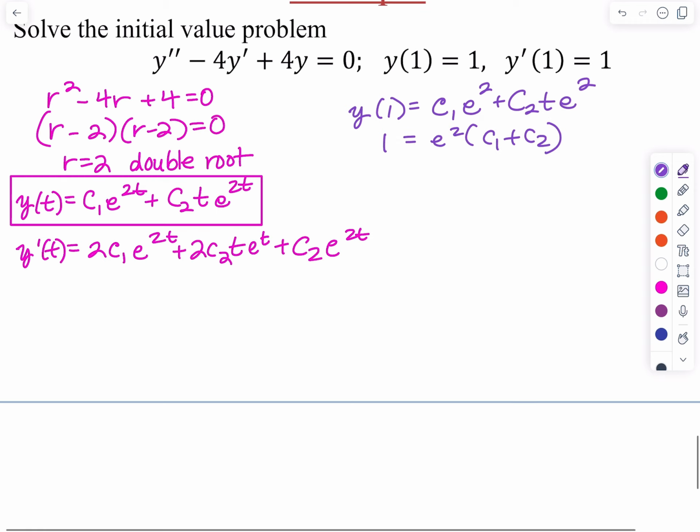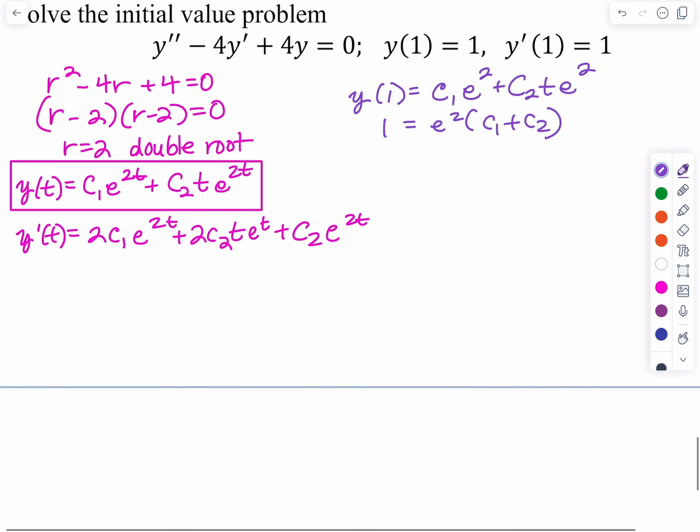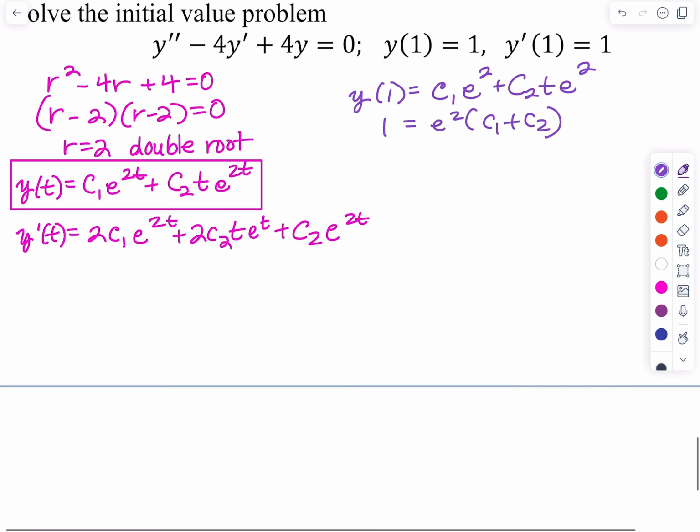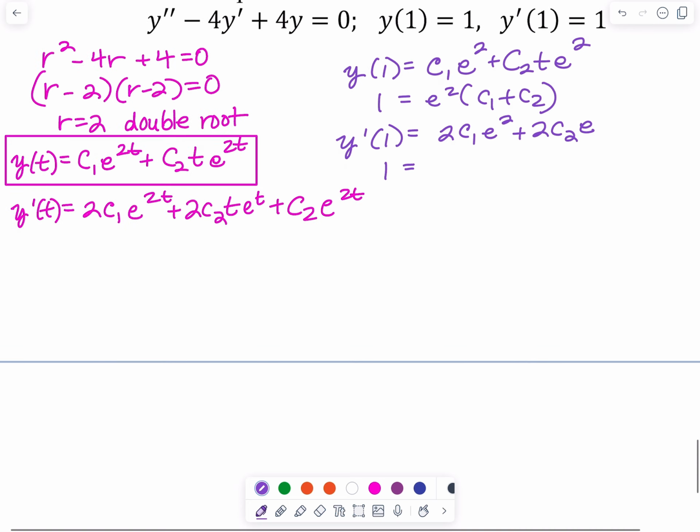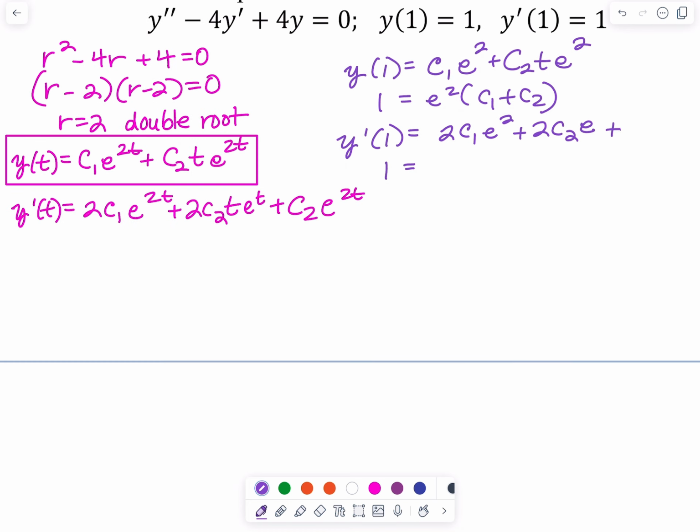Okay, and then let's go ahead and see what we can put these together later, but I'm going to go ahead and find y prime of 1, and that's going to be equal to 1, and that's 2 c1 e squared plus 2 c2 e squared plus c2 e squared.